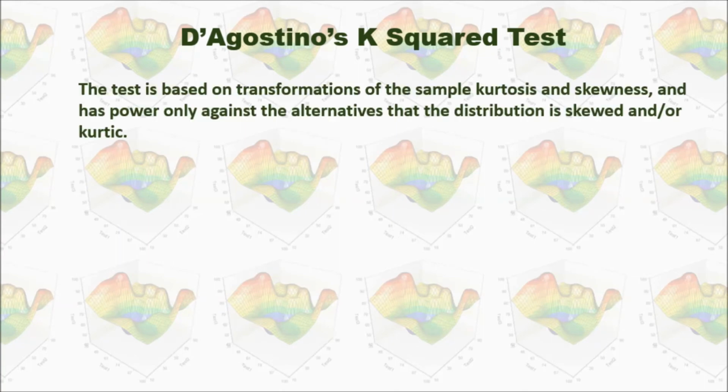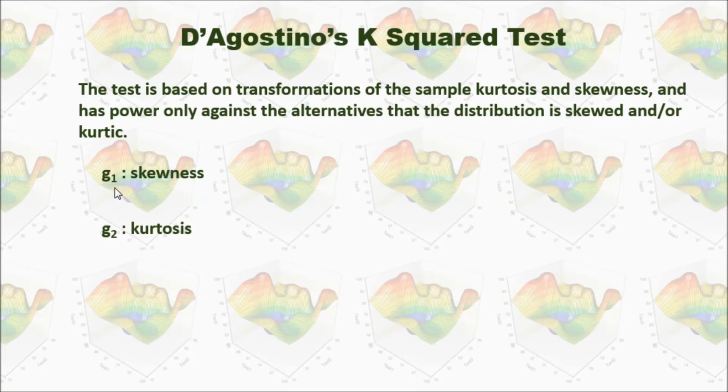Next one is Agostino's K-squared test. For this Agostino's K-squared test, we consider the sample's kurtosis and skewness.